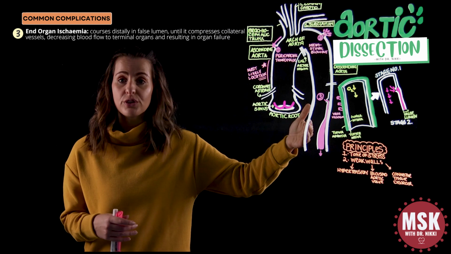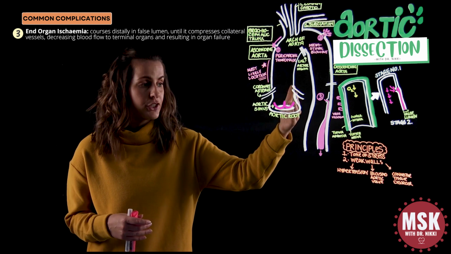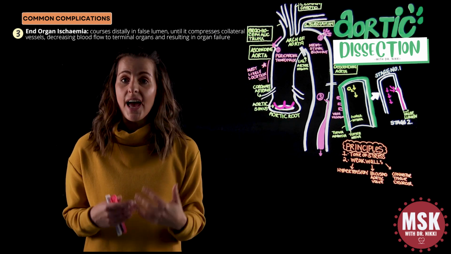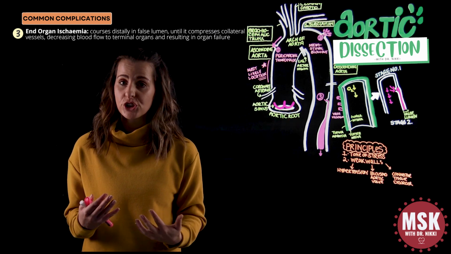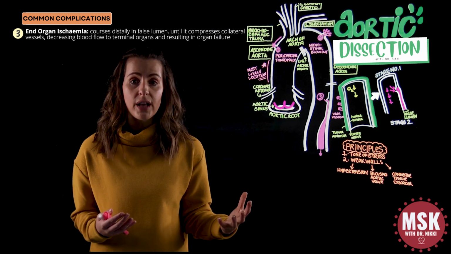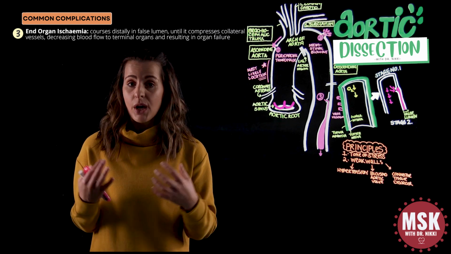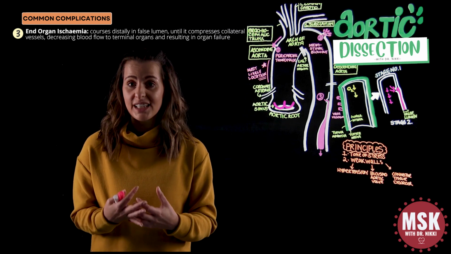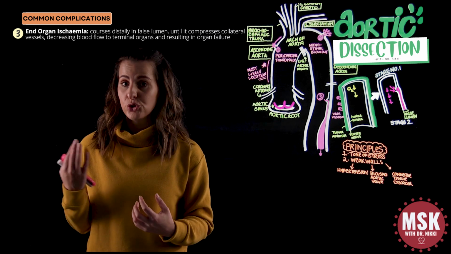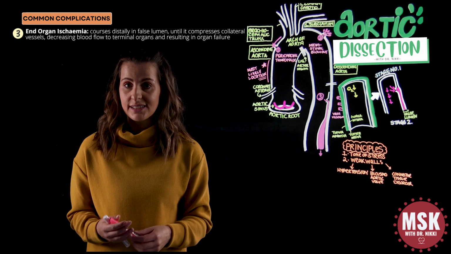We then have blood traveling longitudinally parallel to our true lumen, and it's then going to course distally until it reaches the origin of some of our important collateral vessels, such as the renal arteries or the subclavian arteries. By restricting and compressing the blood flow of these collateral branches, it is going to decrease blood flow and ultimately lead to end organ ischemia.